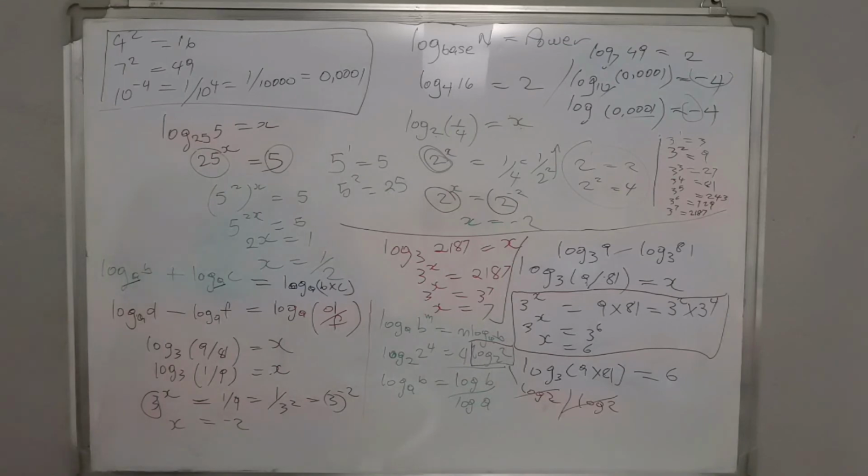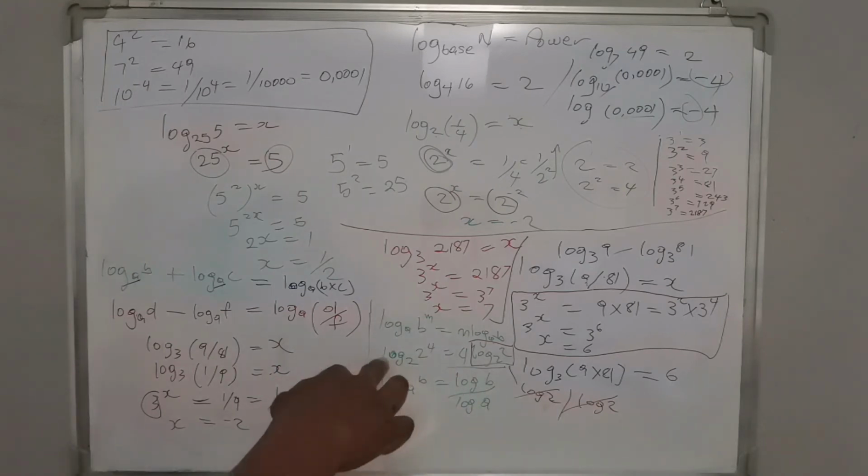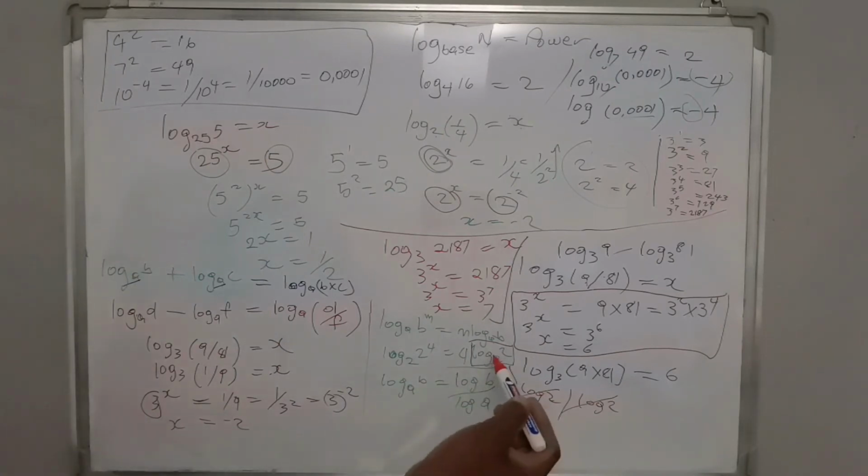They cancel, they leave us with 1. 1 times 4 is equal to 4. So it turns out that this is equal to 4 because of this rule. If this base was 3, besizothi log 2 divided by log 3, and we would write what we get on the calculator.